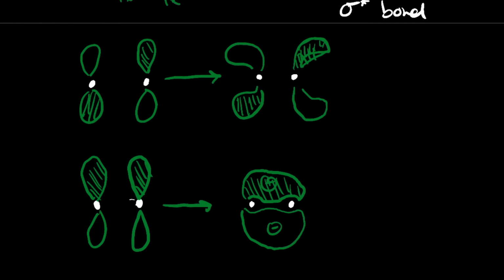But this is normal. You don't actually have to have the lobes touching, but if they can interact through space and through bonding space, that leads to a stable interaction. The bonding interaction is where you're going to put your 2 electrons, and the antibonding interaction is where potentially electrons from a nucleophile are going to go.